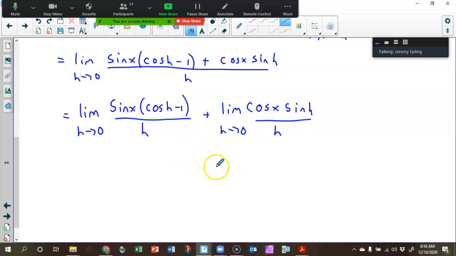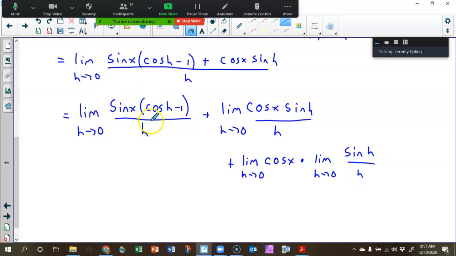Now, over here on the right-hand piece, I can produce my goal. I can separate using my properties of limits. The limit as h approaches 0 of cosine x times the limit as h approaches 0 of sine of h divided by h. There was my goal. So I can deal with that piece.